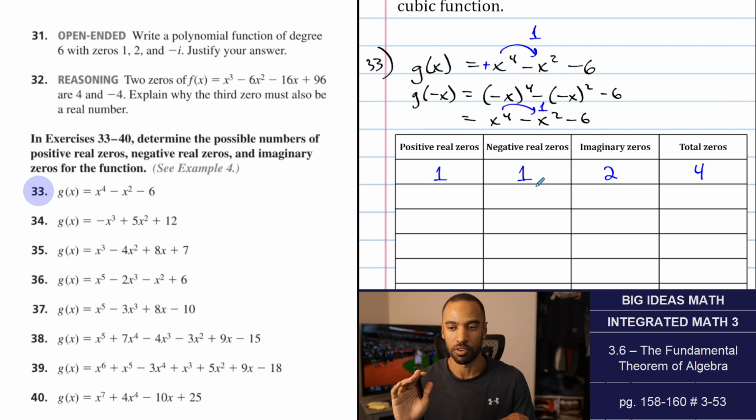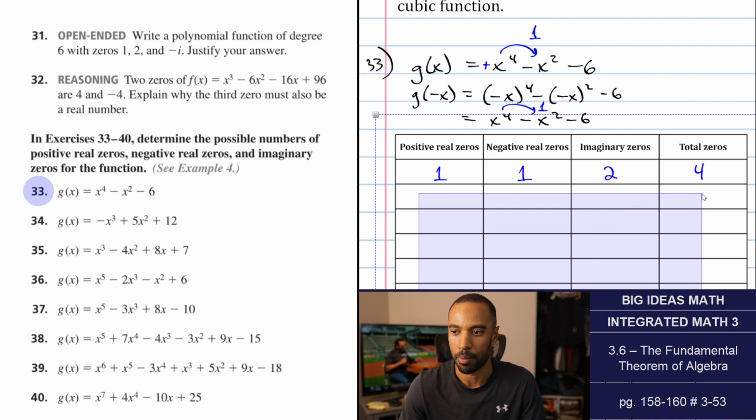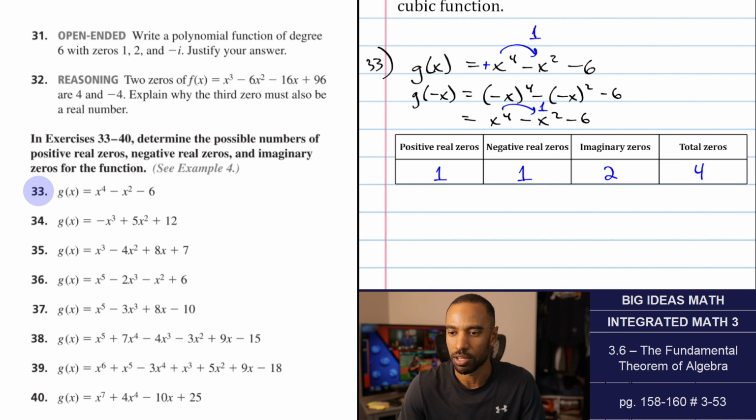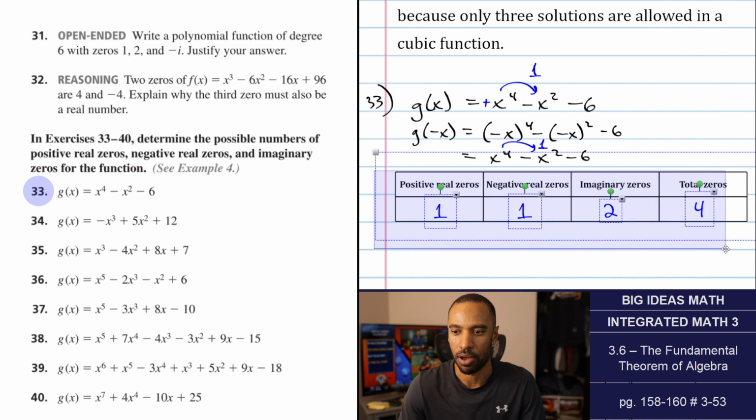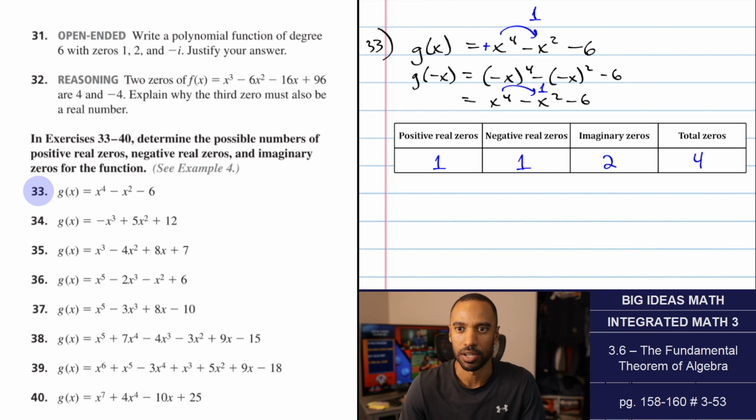It's only combinations of their maxes. So this is the only option for the answer. It's just a table where you have 1, 1, and 2, like that. So I can delete all these other cells, and that's the only possible outcome for this. So there's 1 positive, 1 negative, 2 imaginary.